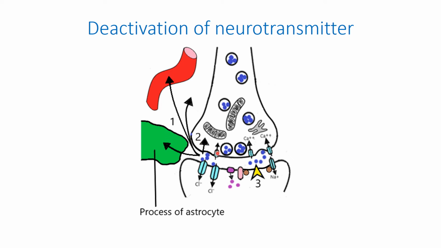Pumps within the presynaptic membrane may actively pump the neurotransmitter back into the synaptic bouton for reprocessing and re-release. Enzymes within the postsynaptic membrane may inactivate or metabolize the neurotransmitter.